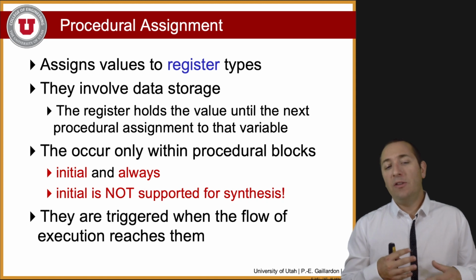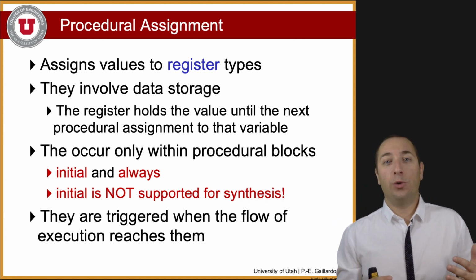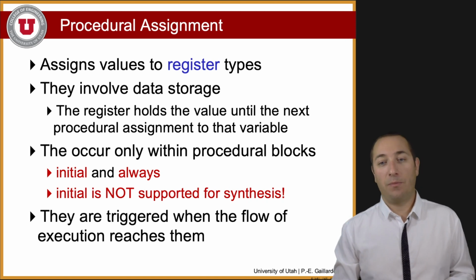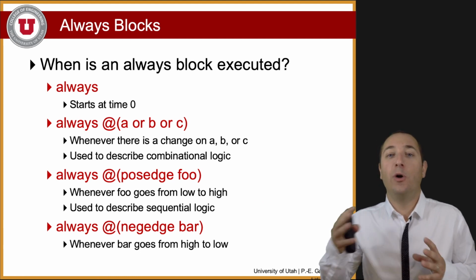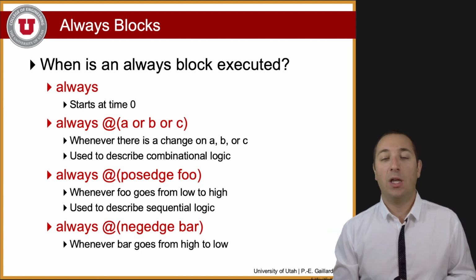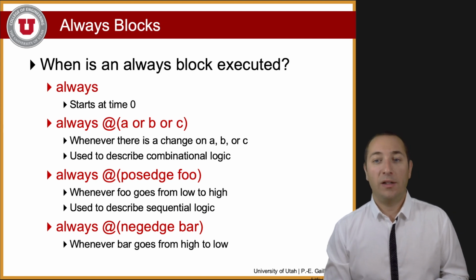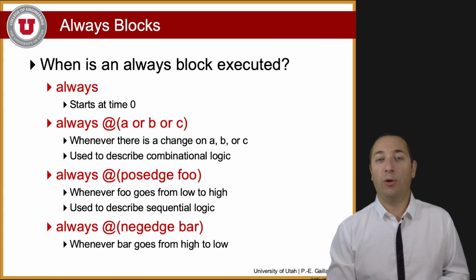And these always statements and any other procedural assignments are actually triggered when the flow of execution reaches them. What does that mean? Well, we need to look at what follows the always statement to understand when they are actually triggered. That is called the sensitivity list, and you might have multiple things.